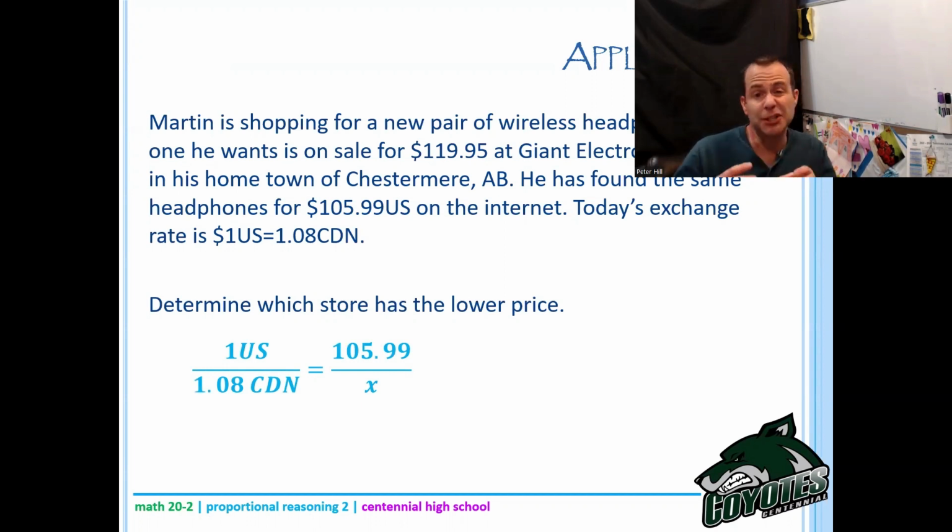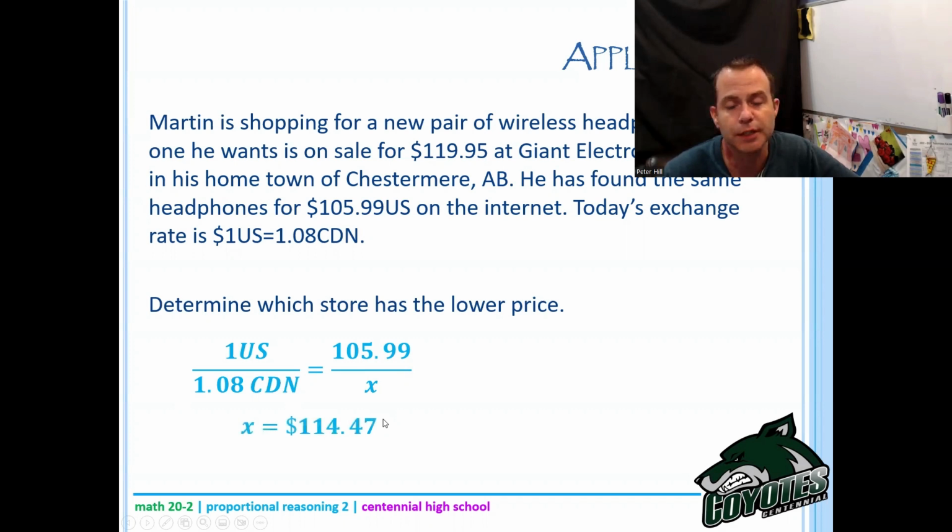That will tell me the Canadian price of that 105.99 American. So we go 105.99 times the 1.08 and then divide by 1, and that's going to give us 114.47 Canadian. So that American price with this exchange rate is 114.47 Canadian.